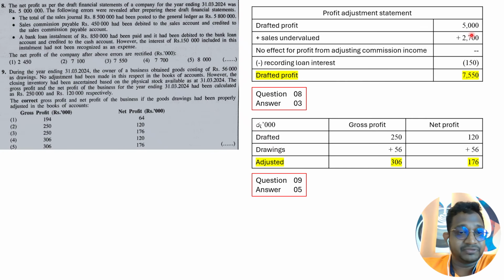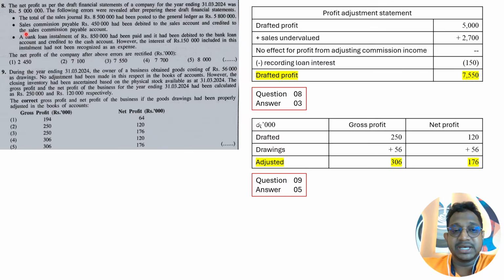So your draft profit is 5 million, and the first thing it says is the total of sales is 8,500, but it has been posted to the general ledger as 5,800. So you reported sales undervalued. So the difference of that you have to add to the profit, right?